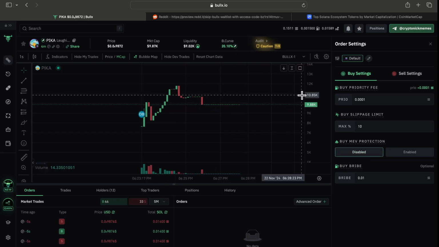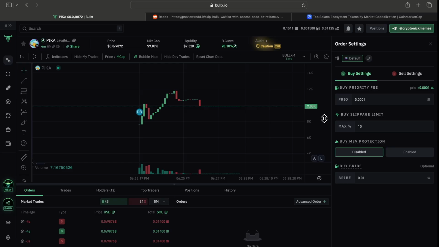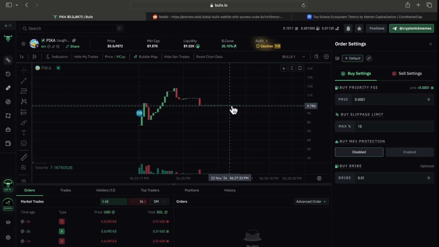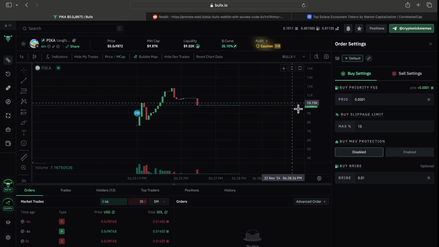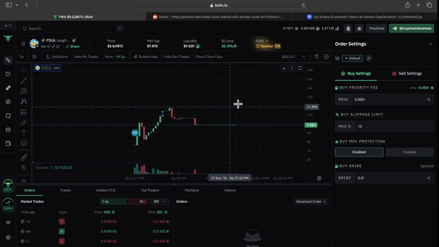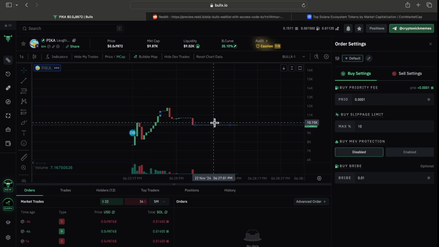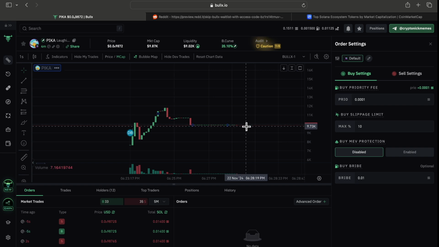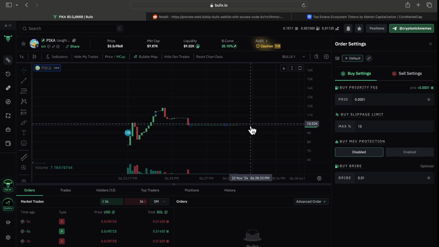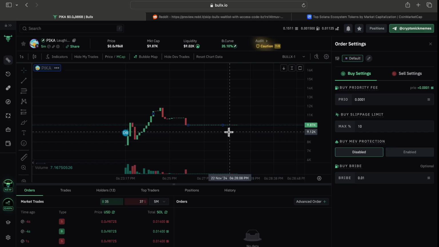Oftentimes, when MEVing happens, you can buy at 20% higher than the coin's price that you wanted to enter. Because those MEV bots are targeting wallets and they're buying before you, their transaction goes through and they sell on you. So you instantly, within seconds, can lose about 20%. That depends, but it's usually roughly 20% that you instantly lose.